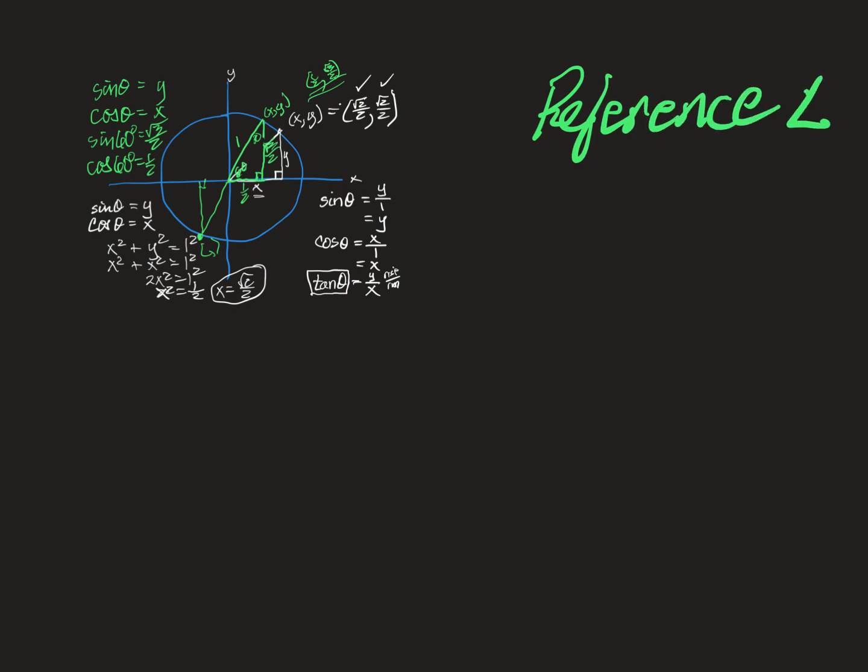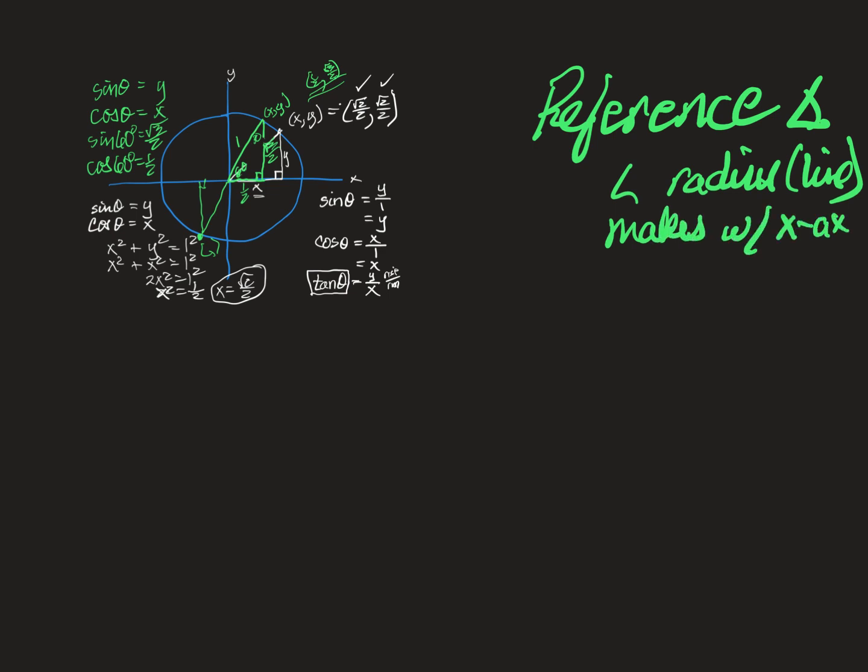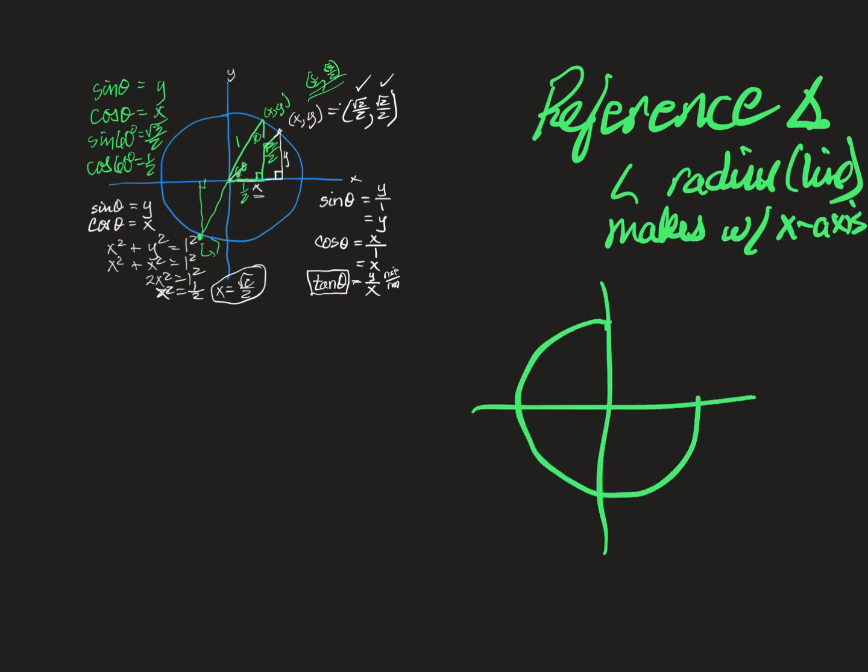What is a reference angle? A reference angle is the angle the radius, or line, makes with the x-axis. So if we had a unit circle of some type, and I'm worried about, remember, all angles are measured from the initial side.